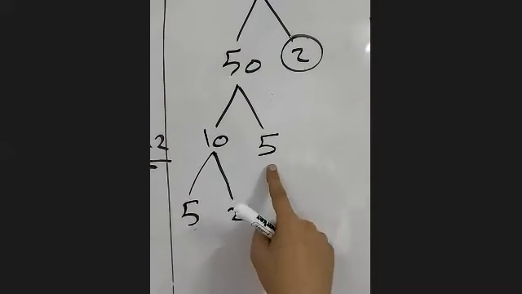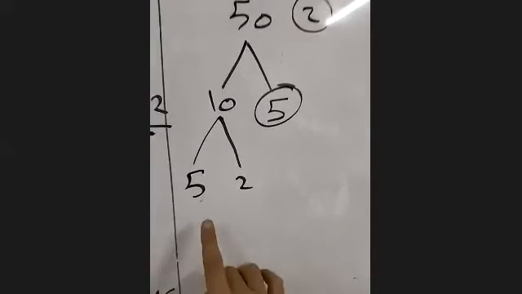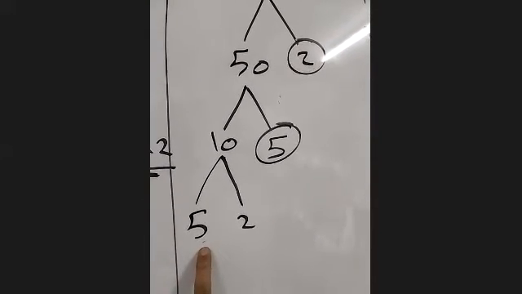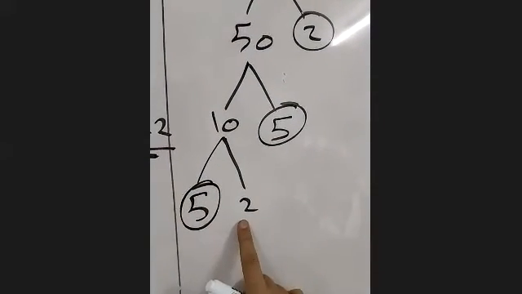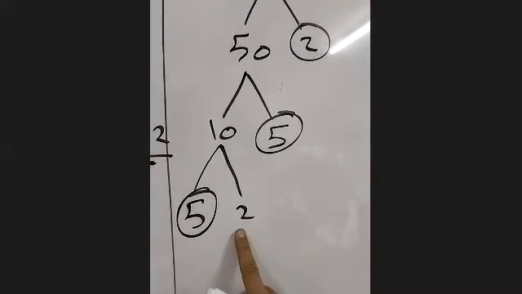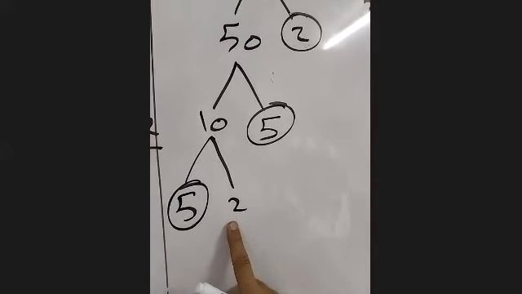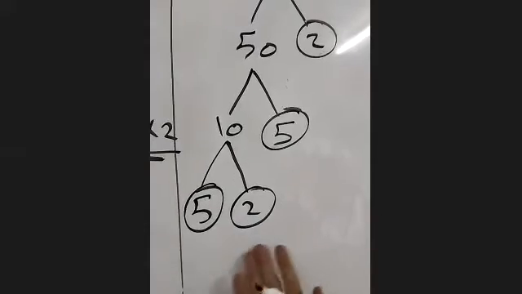We put a circle here, also a circle, because we have only 2 by 1.